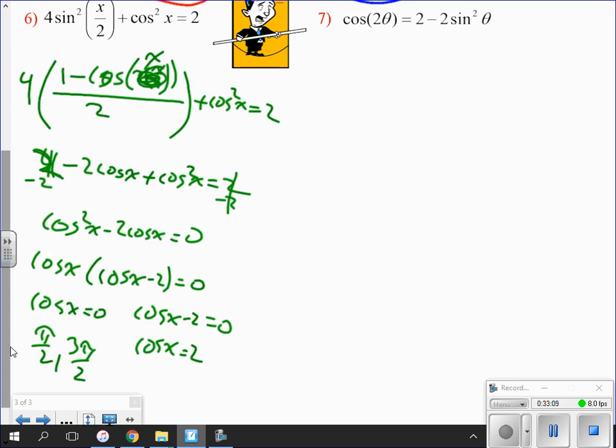That's what error means. So this one doesn't work. So I do have some valid solutions. I just only get valid solutions from one of my factors, not from both of them. And that happens sometimes.